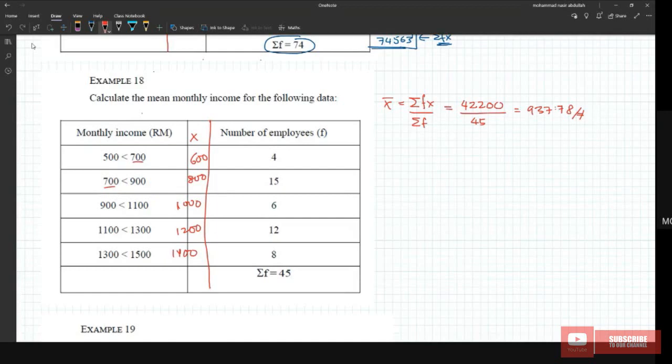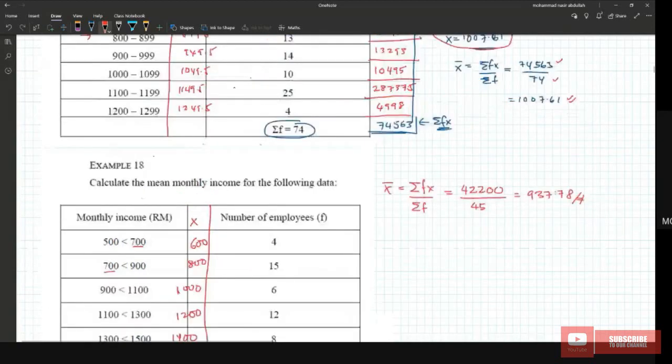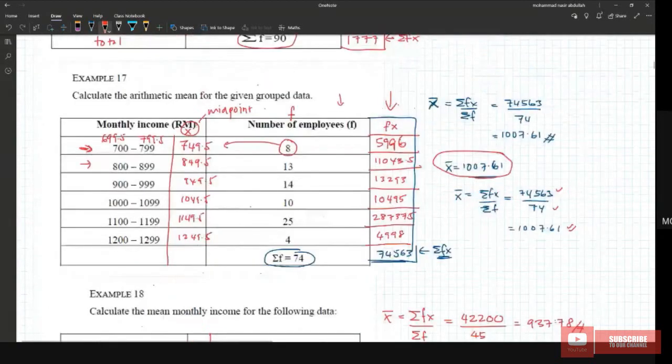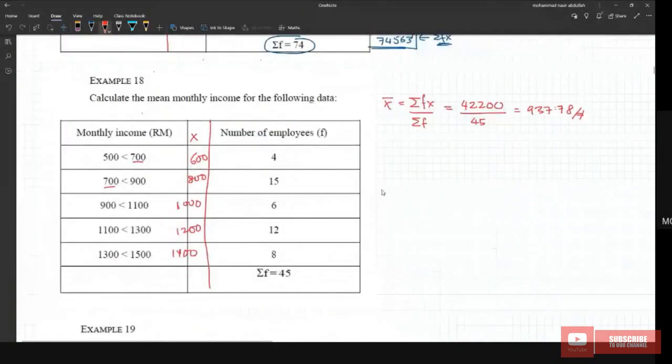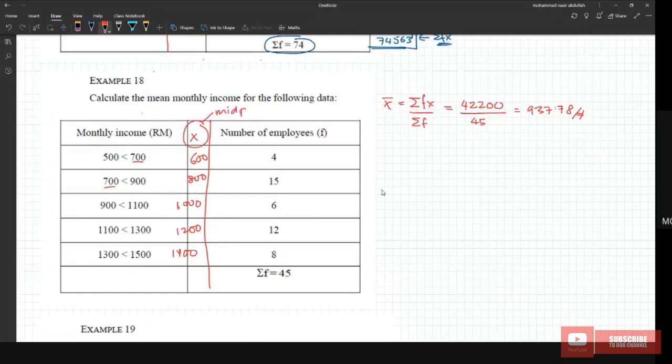So, nampak tak? If you use a calculator, you don't need to derive, you don't need to manually calculate the fx and sum all the value of fx, right? What you need to find is the value of midpoint, the x value, midpoint, right? Can you comment? Do you get the same result?